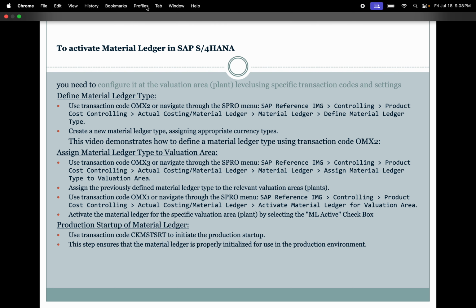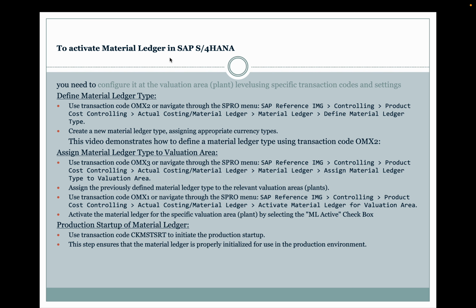At your valuation area level, you have to be accurate. What level is the valuation area in your system? Plant level, right? So the valuation area is the plant level, which means we have to activate the material ledger at plant level. To do that, we have some steps. First of all, we have to do OMX2.